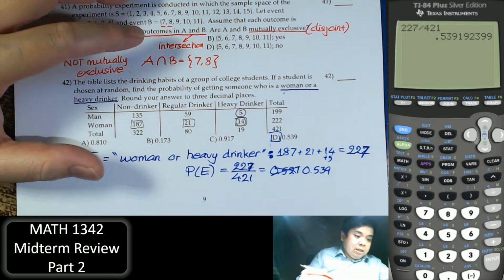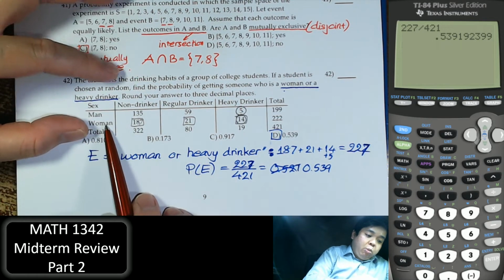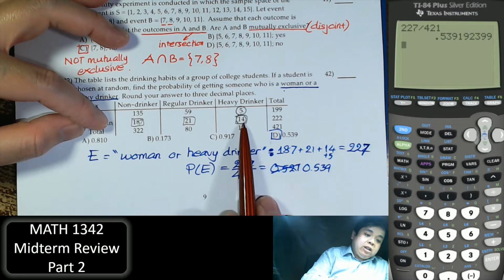The other way to do it, I noticed that in the categories woman and heavy drinker, there's some overlapping.